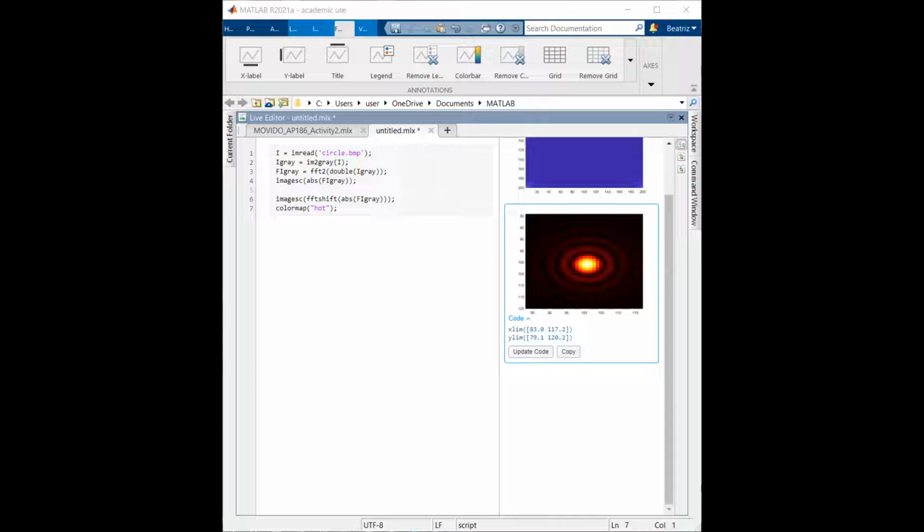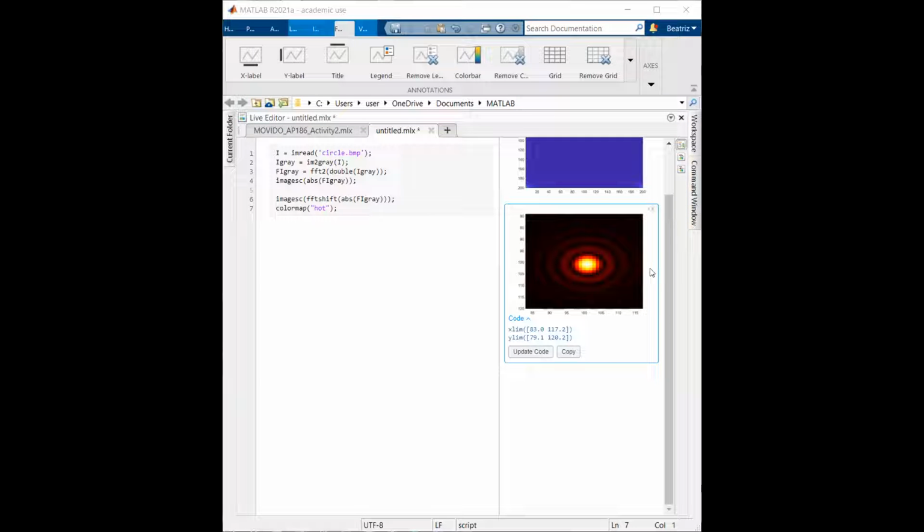Pero from far away, it looks like a circle with rings. And so these rings, you can think of that as a bit of a distortion, okay? It's not exactly the same as the object that produced it. But if you already have this pattern, and if you inverse Fourier transform this, technically you will be able to recover the original pattern.